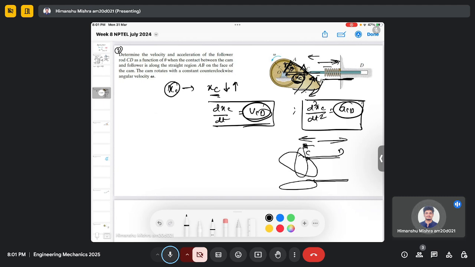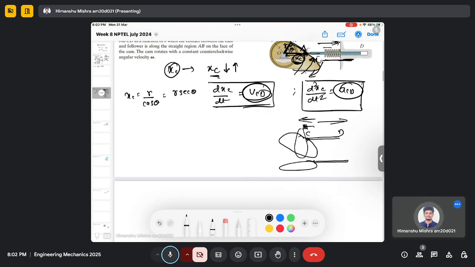So again we have identified the right angle triangle here. We are given r and we are given theta. So from the property of triangle we can write down xc, which is r by cos theta, or r sec theta.